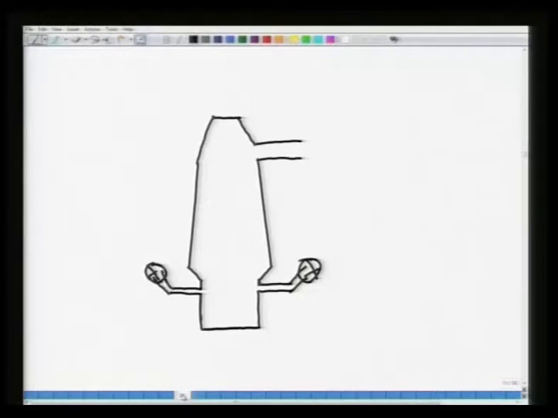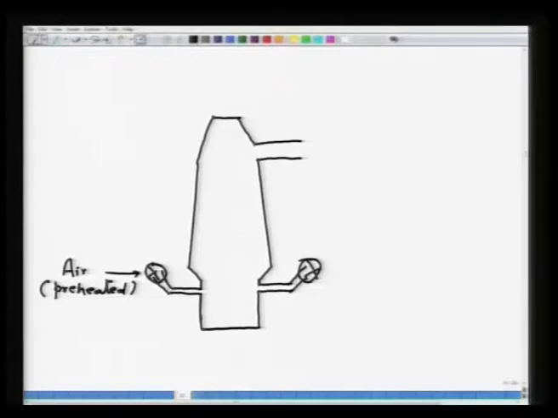Now, this is a typical zinc blast furnace. Here what we do, air, sometimes preheated air, is injected through the tuyeres which are located on the circumference of the blast furnace.